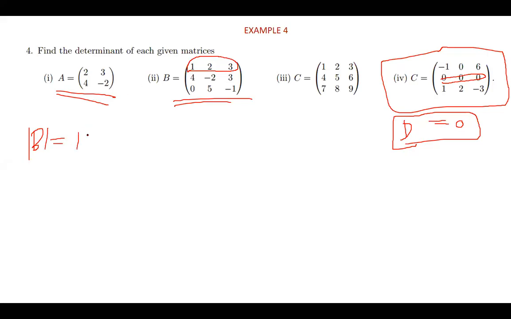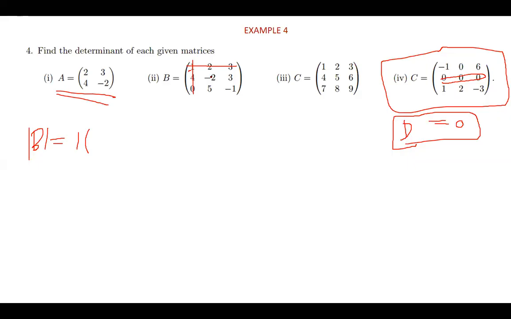So this is going to be 1. We write our 1 there, and then I'm going to open brackets. I said you delete the column where this 1 is and the row where this 1 is, then you use the remaining numbers to find the determinant.